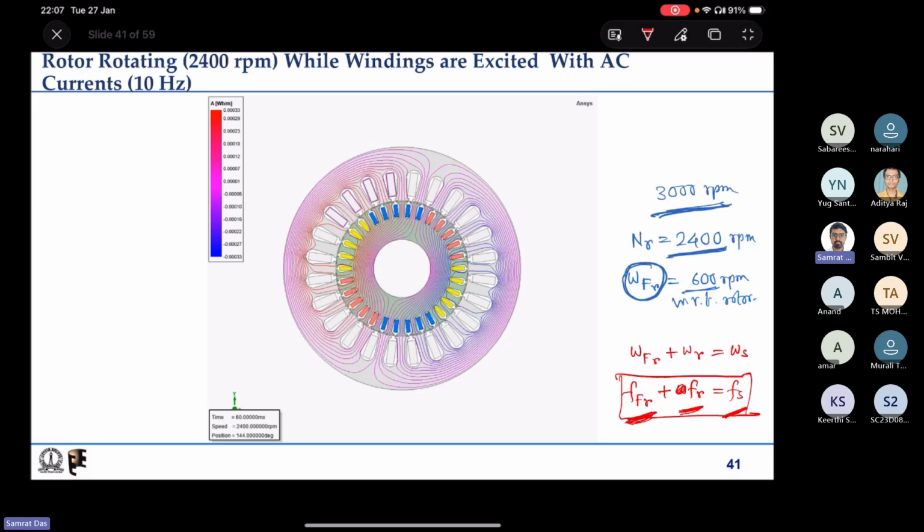As you go on increasing the load, this angle delta will start increasing. But if you go beyond some angle, say 20, 25, 30 degrees, I forgot the exact maximum torque angle, which is also discussed in power systems, that is the maximum angle the two can go to. Otherwise the synchronism will get lost and the synchronous machine will not operate.